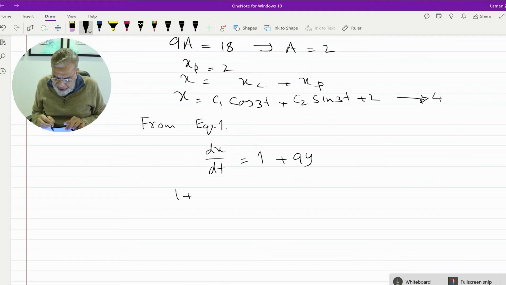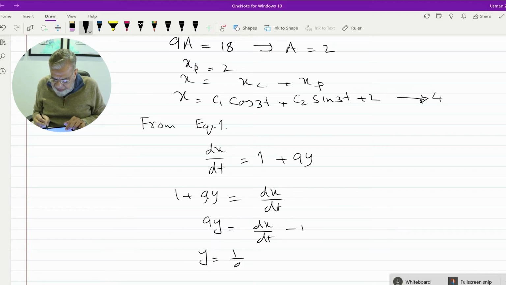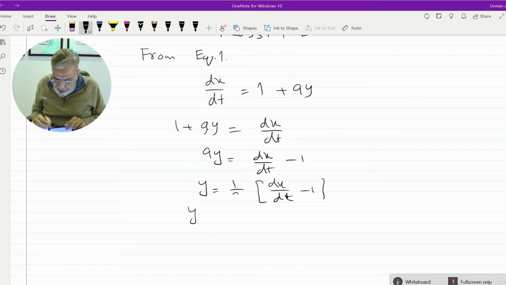So 1 plus 9y is equal to dx by dt. And what's 9y? 9y is equal to dx by dt minus 1, and y is equal to 1 upon 9 times dx by dt minus 1.